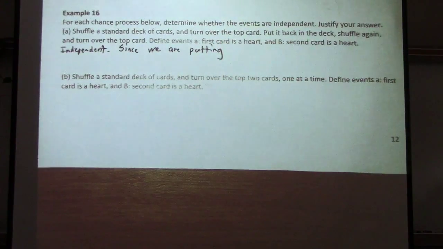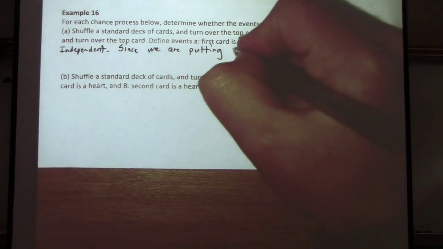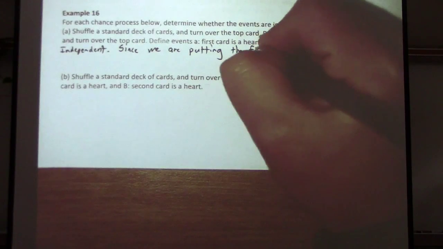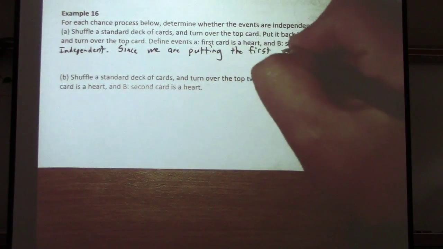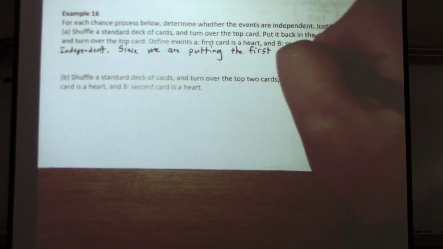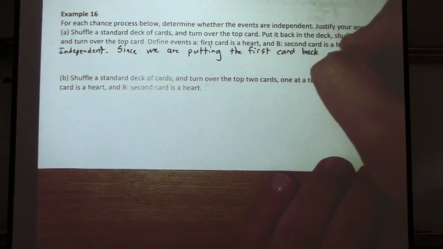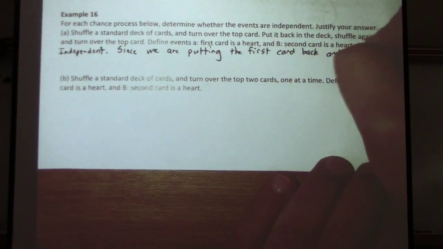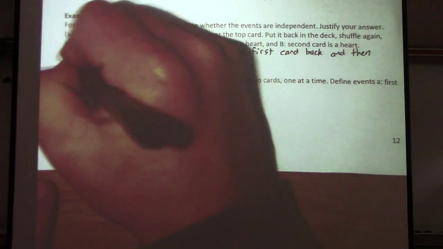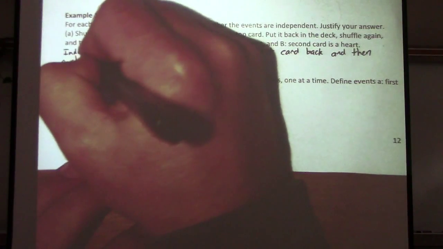Since we are putting the first card back and then reshuffling, that's important as well.